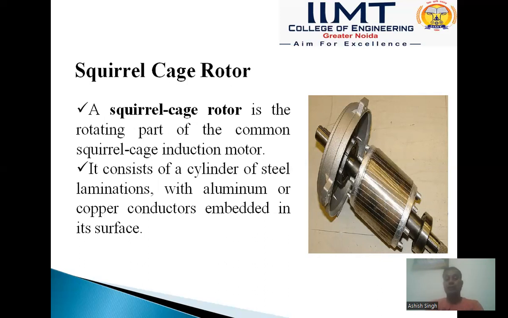It consists of a cylinder of steel laminations, and on the outer periphery of this cylinder slots are cut, and in these slots we provide either aluminum or copper conductors embedded in the surface, and at the ends they are short circuited with the help of end rings to form a closed circuit.